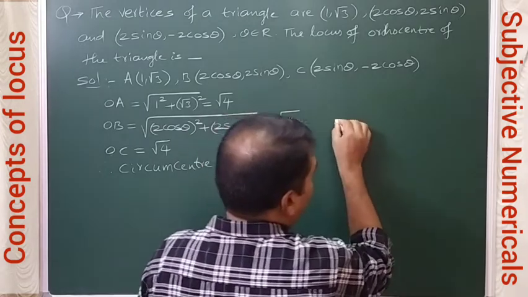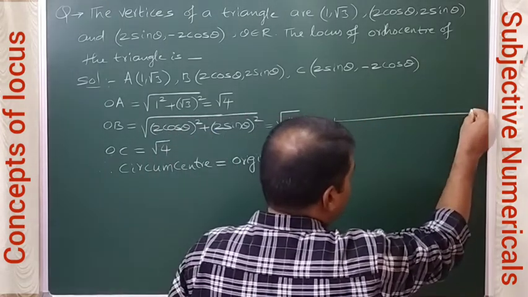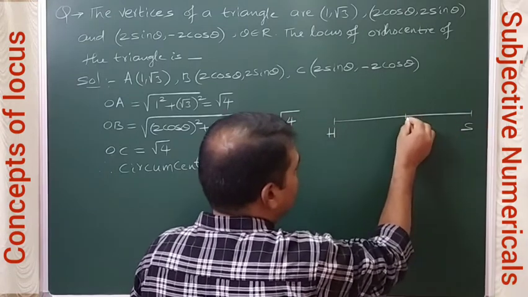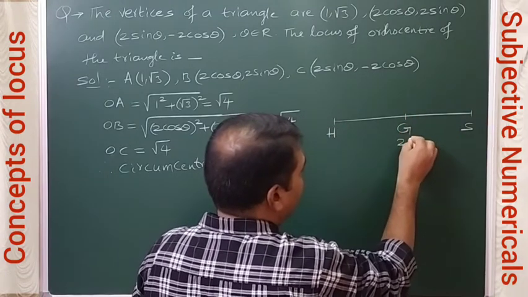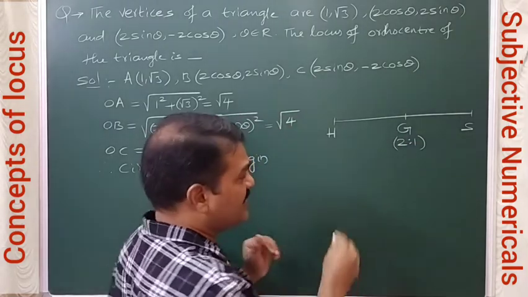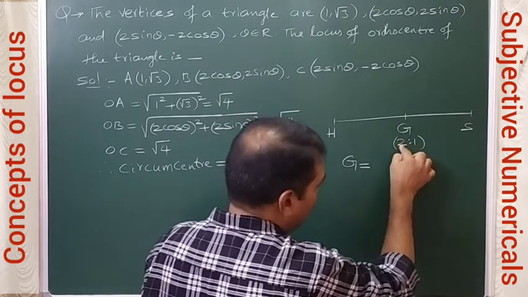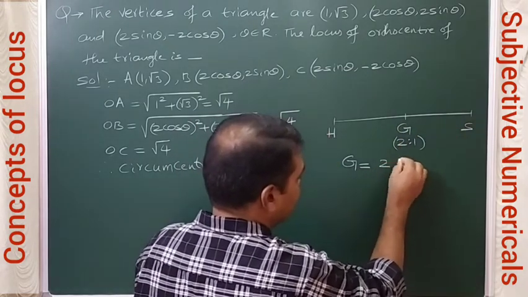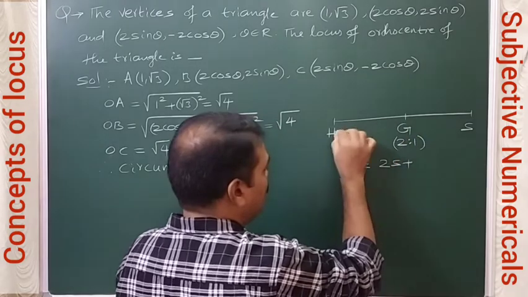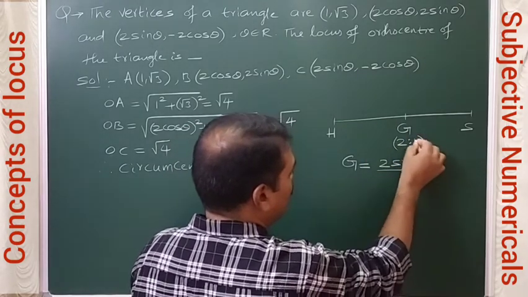We know that the line joining orthocenter and circumcenter is divided by the centroid in the ratio 2:1. So using section formula, centroid G will be (2 into S plus 1 into H) by (2 plus 1).